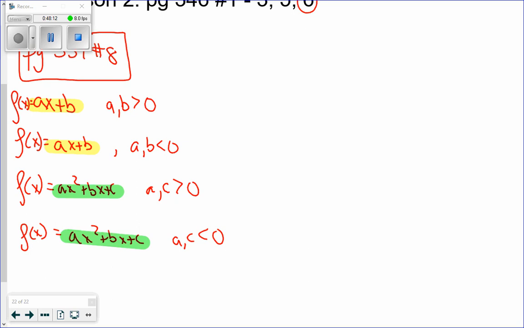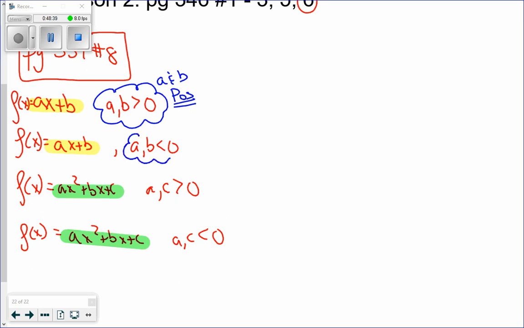So how do you survive this question? Honestly, graphing calculator, but you need to know how to do it. The key to this is knowing what that statement means. A, B greater than 0 means A and B have to be positive numbers.